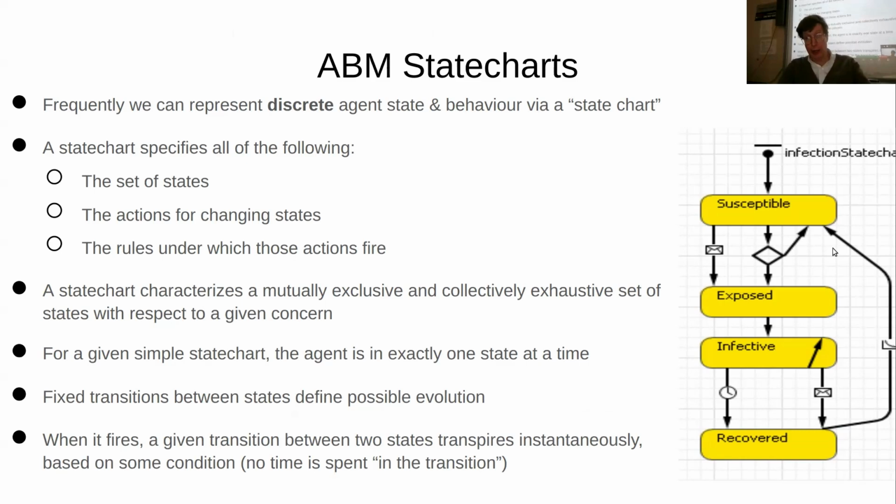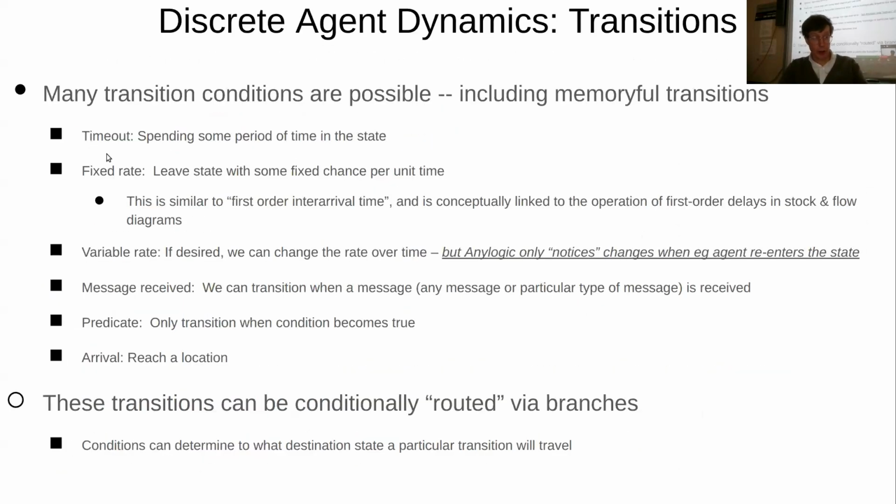They have the same chance per unit time, not the same probability, but the same chance per unit time of leaving. And that would be memoryless. But the other transitions shown in general will be memory-full. These include transitions of a timeout, if we have a variable rate, if we depended on a message being received, if there's some predicate, some condition that allows us to proceed, or if we're waiting until we arrive at a location.